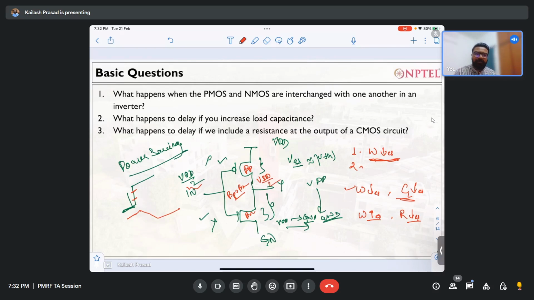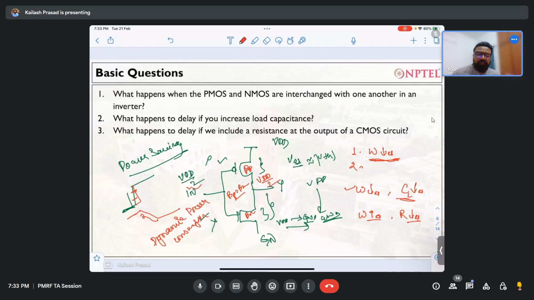Okay, and if it varies from that point, it will either go to 0 or go to 1, or it will be some intermediate voltage at that point. This is the point when the input is transitioning, so the output will also transition. The power consumption at this time is called dynamic power consumption, and this is the most contributing factor in the power when we analyze this kind of circuit.